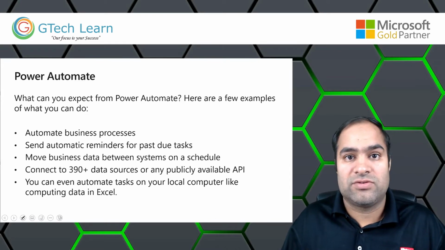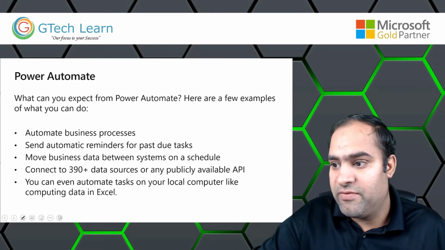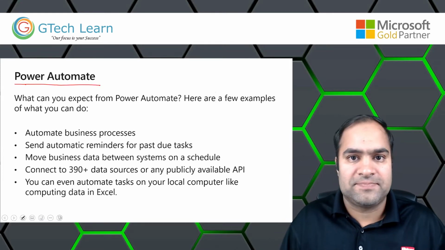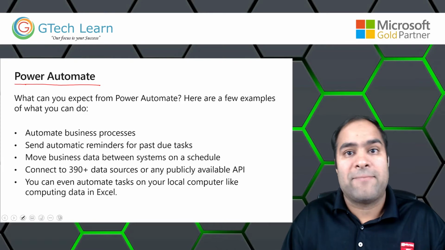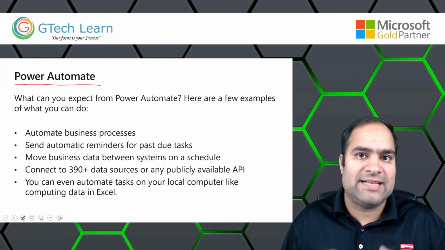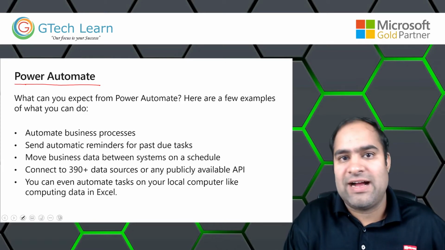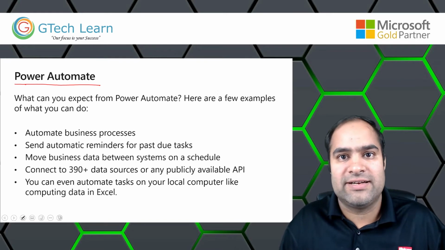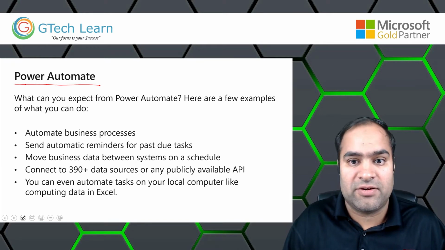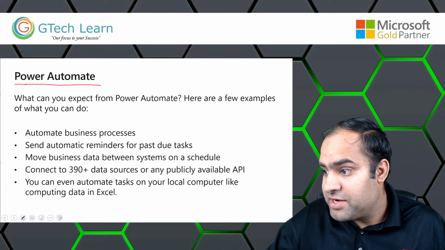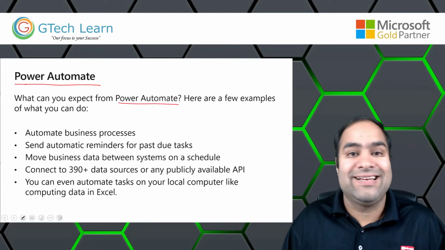We are talking about one important pillar, which is Microsoft Power Automate. Previously, Microsoft called that service MS Flow, until about 2.5 years down the line, when it was rebranded into the Microsoft Power Automate component. So what can you expect from Power Automate ideally?